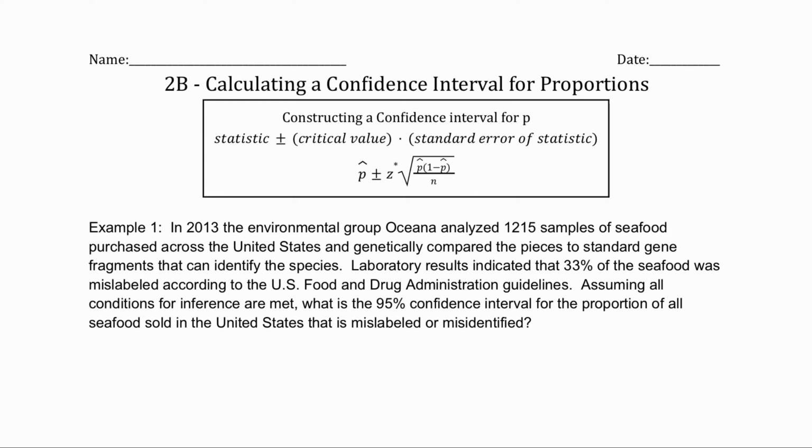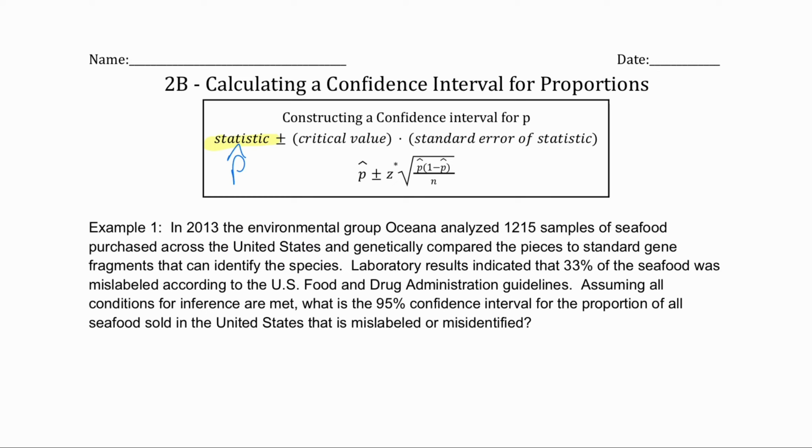process. So a couple things to understand is that to calculate the confidence interval for a proportion, what we have to do is take our statistic, which, keeping in mind, in our case for this, is p hat, plus or minus the critical value.